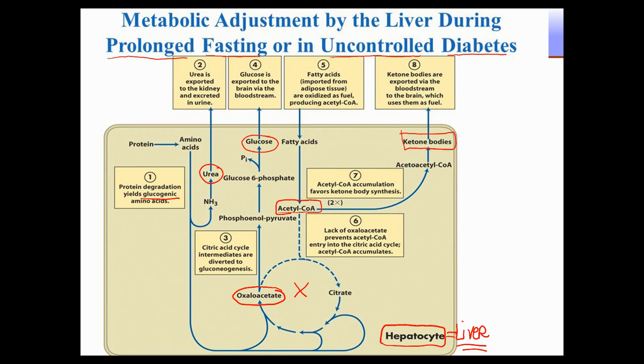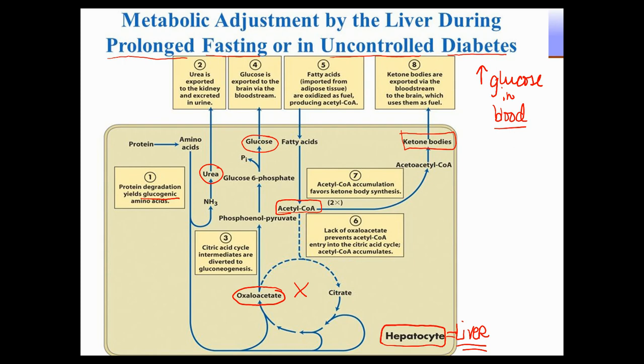It's just more intense. Okay, and uncontrolled diabetes, when you don't control your diabetes, what happens there is that your blood glucose is high. It can't get into your cells though, so the liver cell starts to function like it's starving, right?